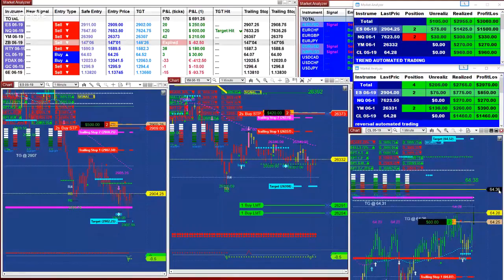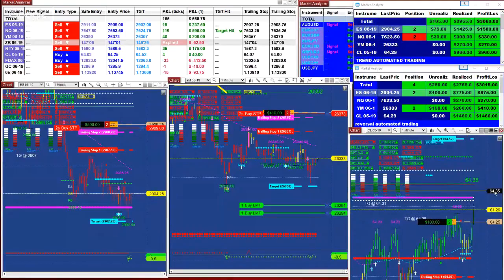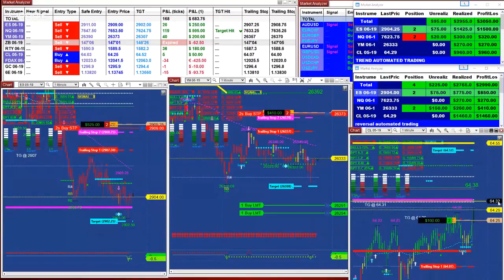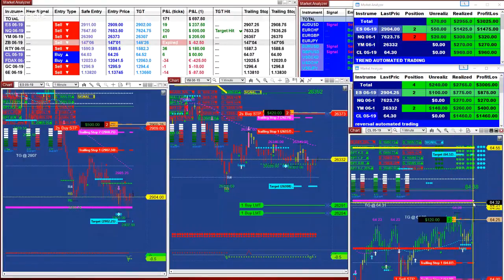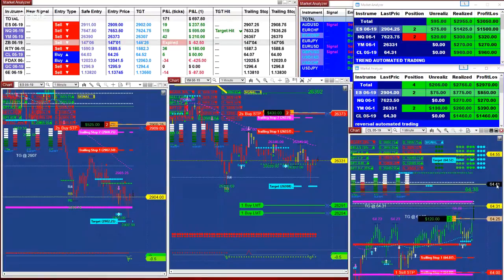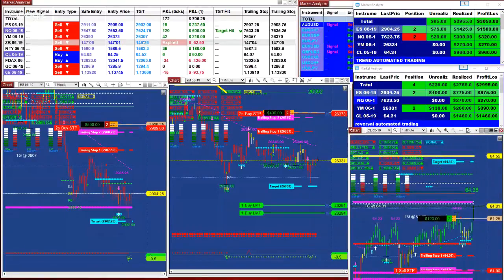There is a bit of chop on the CL. Okay, there are a lot of buyers. There is a prediction we are able to break that area. There is a lot of potential. There are a lot of buyers coming in.